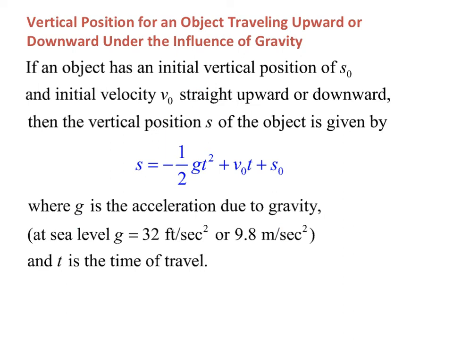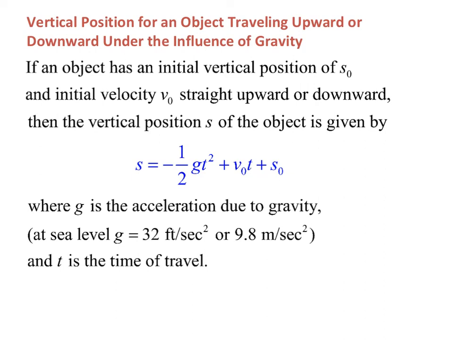In some of our problems, we're going to be looking at vertical position for an object traveling upward or downward under the influence of gravity. So if an object has an initial vertical position of s0 and the initial velocity v0 straight upward or downward, then the vertical position s of the object is given by s is equal to 1/2 gt squared plus v0 t plus s0, where g is the acceleration due to gravity.